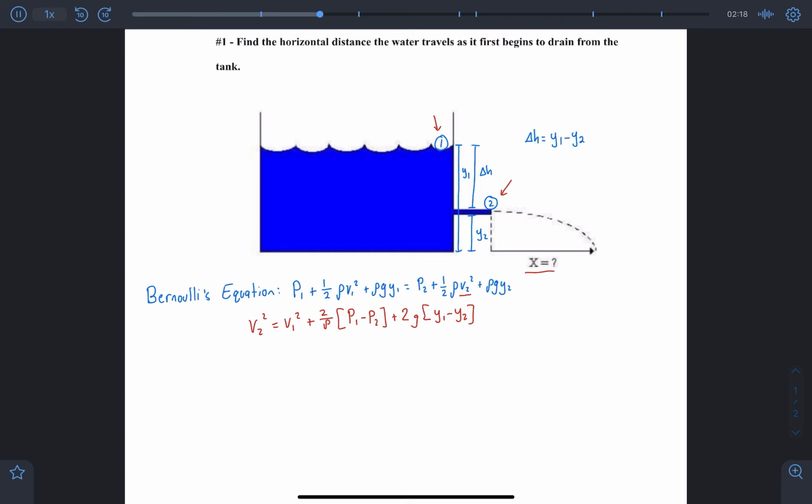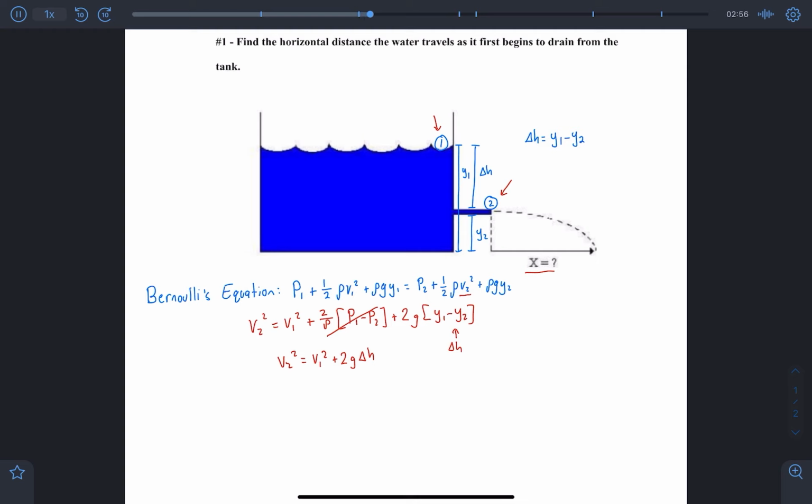Now that we have this equation, we can cancel a couple things out. As I mentioned earlier, both of our points are exposed to the atmosphere, so we can cancel out that pressure term because those are equal. Then we can substitute y1 minus y2 in for our delta H. Rewriting this equation, we're left with V2 squared is equal to V1 squared plus 2 times g times delta H. As I mentioned earlier, our velocity at point 2 is going to be much greater than our velocity at point 1.